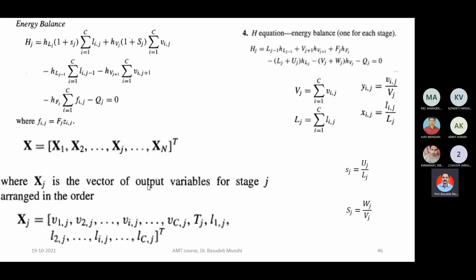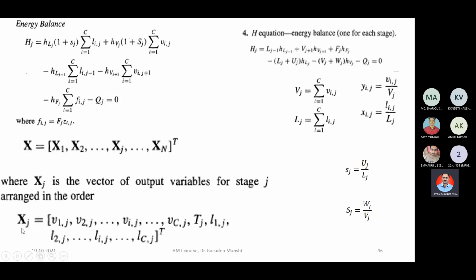Clear? So already we have considered all vapor component flow rates and liquid component flow rates. One more variable is left out, that is temperature. Temperature is also another variable which affects directly the enthalpy terms as well as the Kij terms.